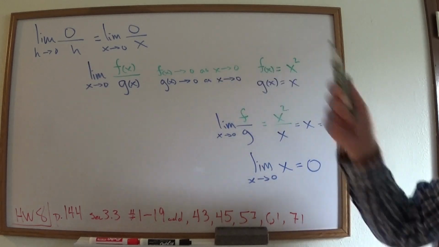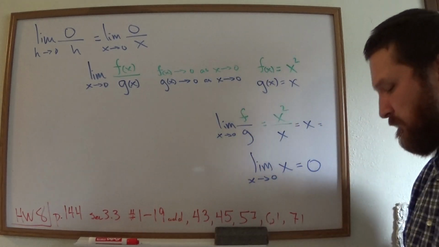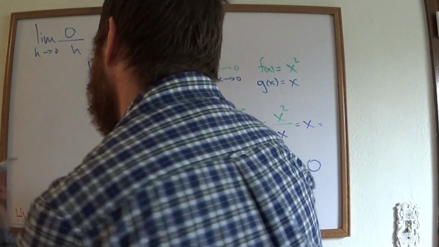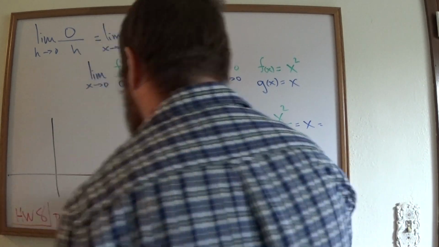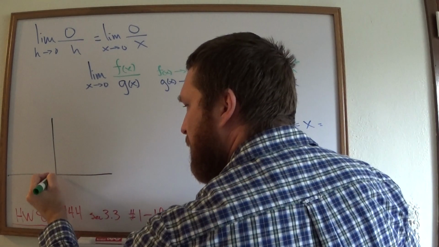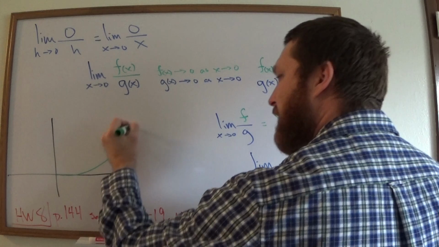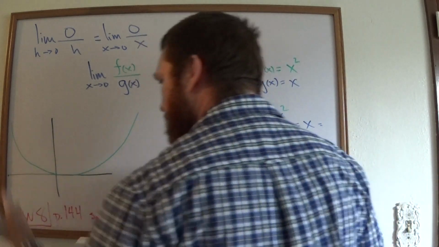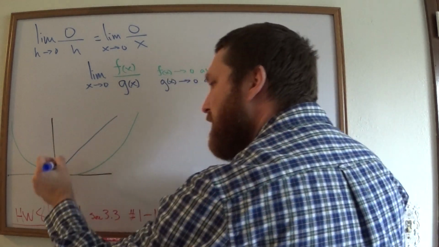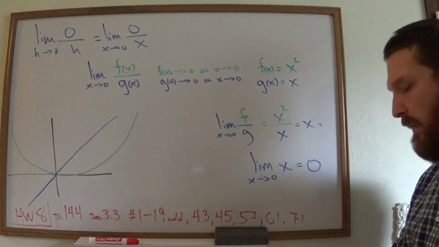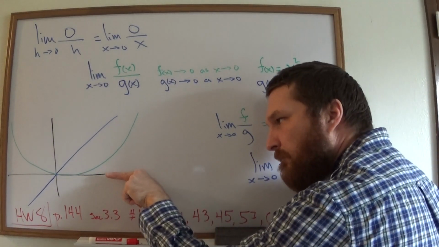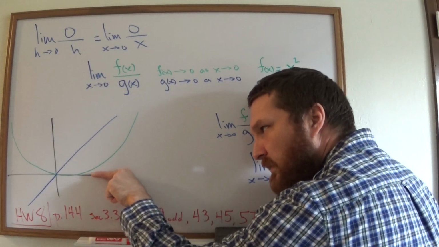And so let's see what's going on here. Two functions on the same graph. We have f, which is x squared. It looks something like this. And we have g, which is something like this. And we're talking about what happens as x gets closer to 0. So x is here, and we're going this way.